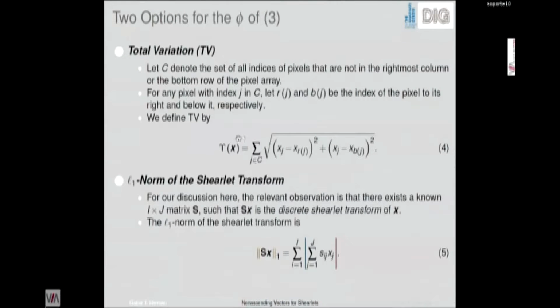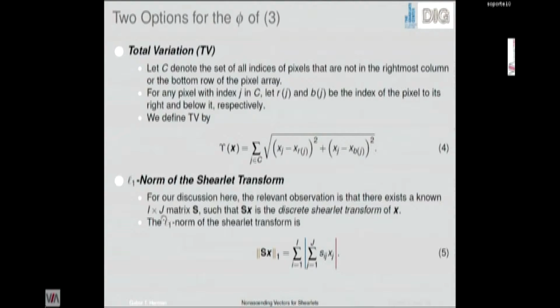So a discrete approximation of the continuous idea of total variation. The Herman normal Shearlets transform would take a long time to explain, but the only thing which really matters from the point of view of my talk is that it can be determined by an I by J matrix S. J is the number of pixels, I is the number of measurements.